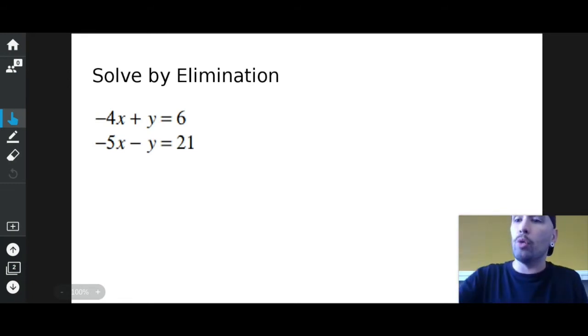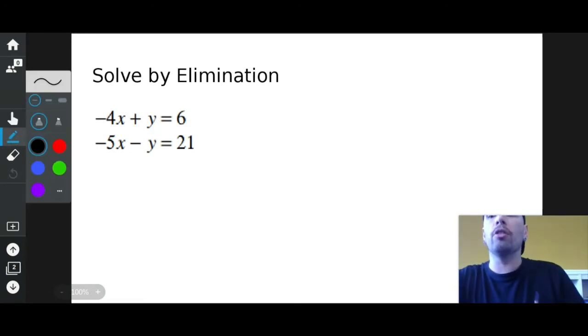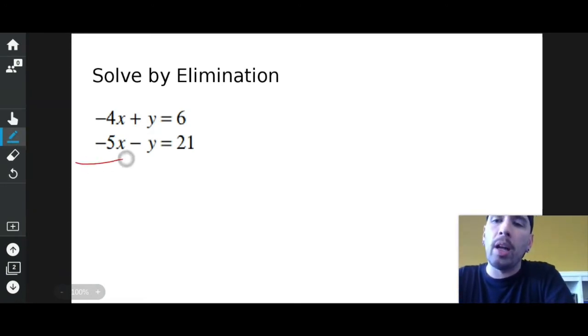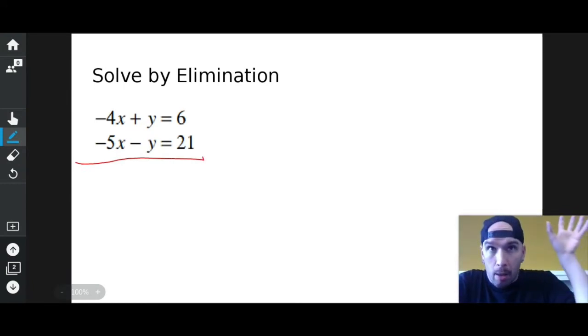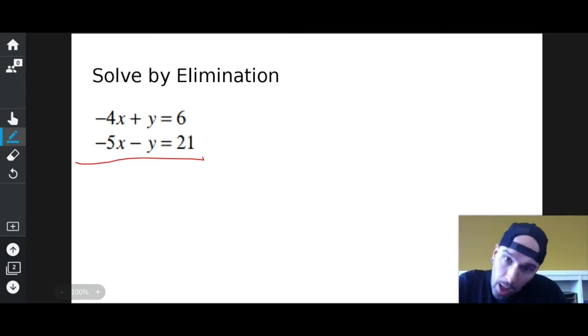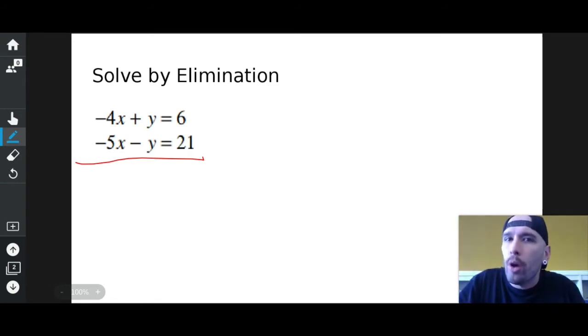This is what I do. If you can get your equations to the point that they're completely organized just like this, and one of your variables is a positive blah blah blah and a negative same blah blah blah, then you add those lines.